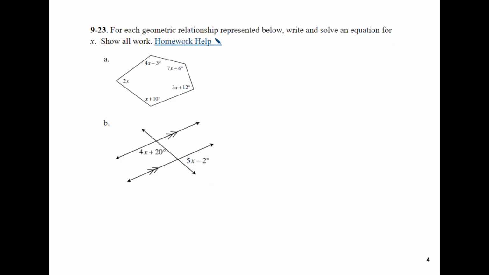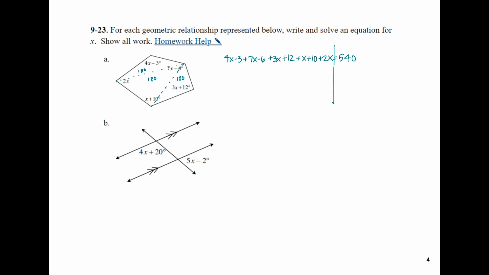For each geometric relationship below, write and solve an equation for x. So looking at this polygon below, I need to find out how much the interior angles add to. I notice that I have 3 triangles, so I know my angles, 4x minus 3 plus 7x minus 6 plus 3x plus 12 plus x plus 10 plus 2x all add up to 540 degrees.